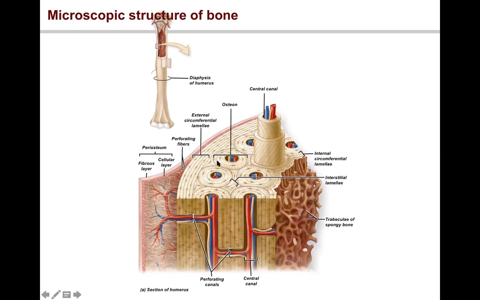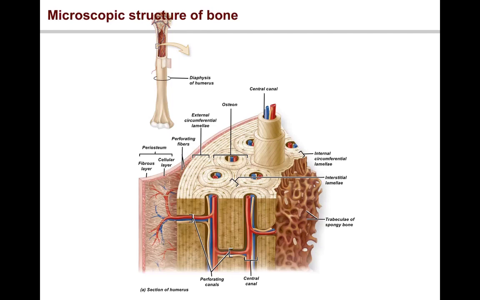Again, the basic functional unit of the bones is called the osteon. In the osteon, there's a central canal and there are concentric circles in which the osteocytes are present. The central canal has the blood vessels, which are responsible for bringing blood in and out, and other functions.